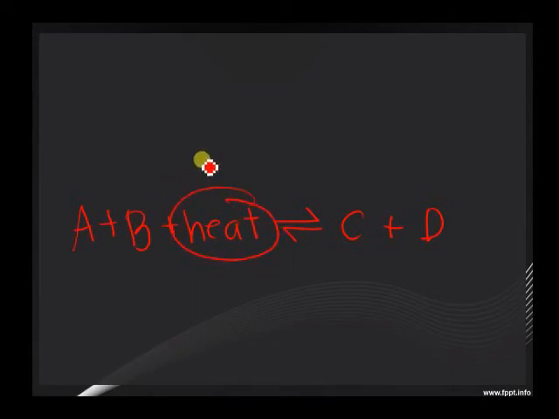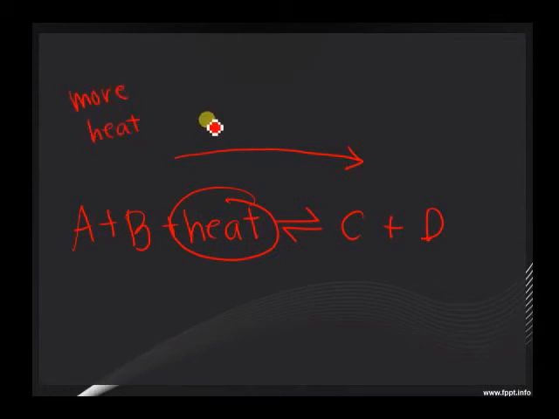So basically, we are adding more stress again to this side of the equation, A plus B plus heat. I'm sorry, I had to rewrite it because it was a bit spacey on the other side. So A plus B plus heat, C plus D. Because of the heat over here, there is more stress. So the reaction will progress towards the side with less stress.